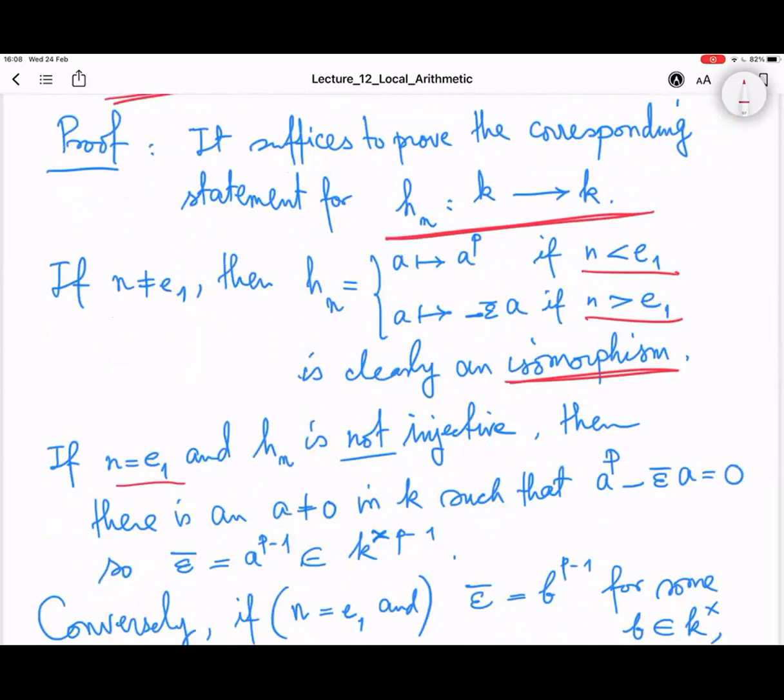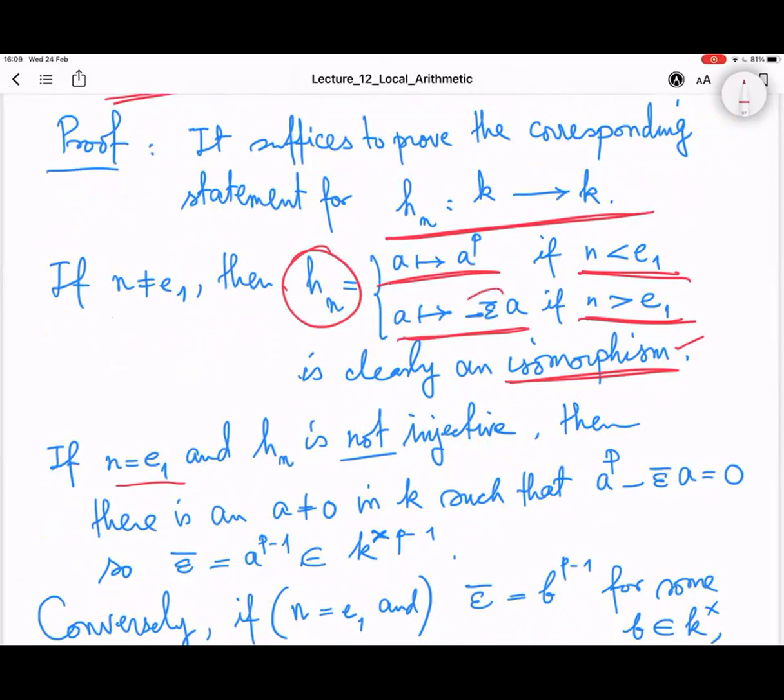So let's first see what happens when n is strictly less than e1. Then the map Hn is just a goes to a to the power p. And there is, of course, an isomorphism, sometimes called the Frobenius. Or when n is strictly greater than e1, it's a map a going to minus epsilon bar times a.